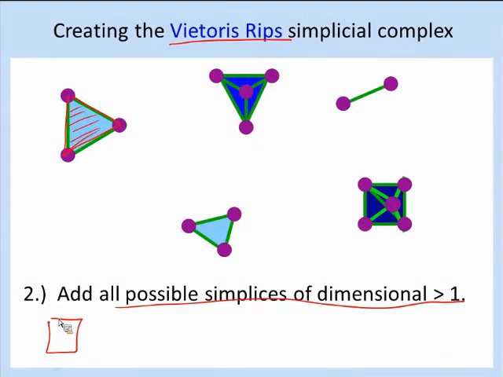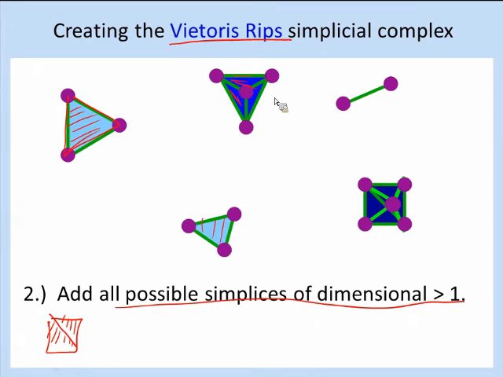We actually need 3 edges forming the triangle, so we can't just do topologically a triangle. It depends upon the 3 edges existing. 4 edges is not the same as 3, and so I can't fill in this square unless I add an additional edge, and if I add an additional edge, then I can fill in the 2 triangles to get a square. So I can fill in lots and lots of triangles.